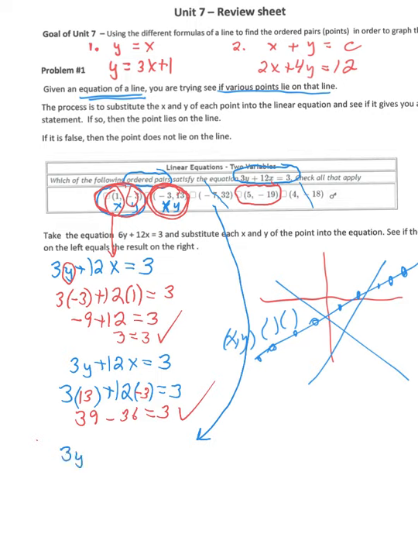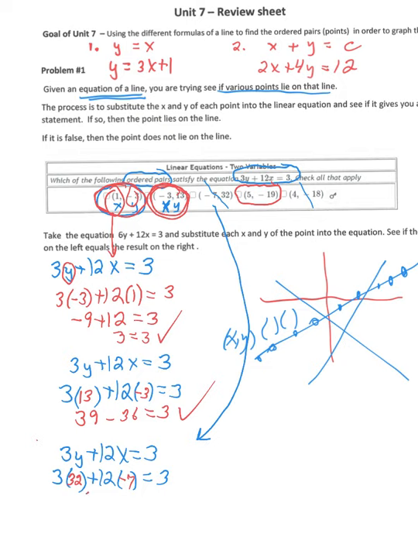So I start with 3y plus 12x equals 3. And I'm going to plug in the x and y values. When I plug that in, I've got a big number there, 32 for the y. I'll need my calculator. And negative 7 for the x.